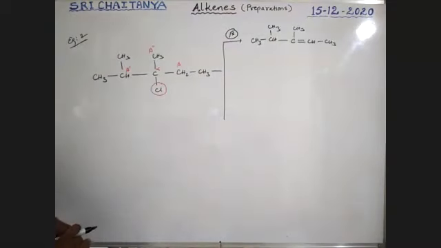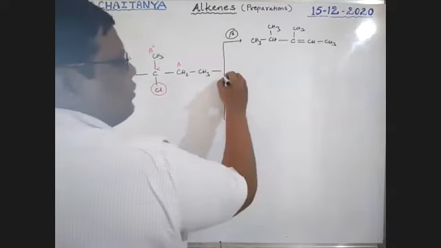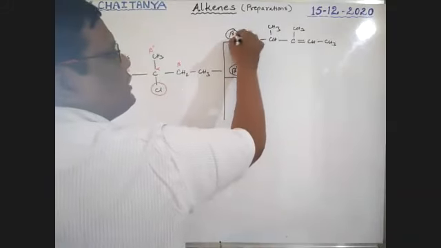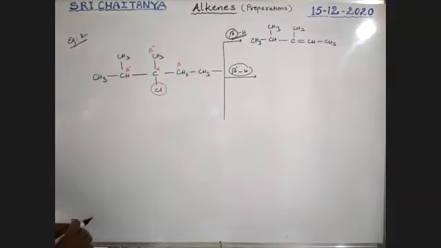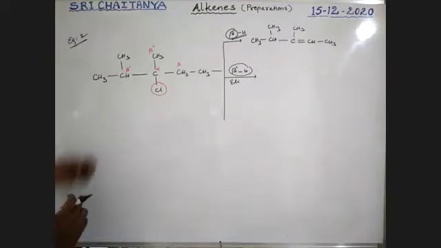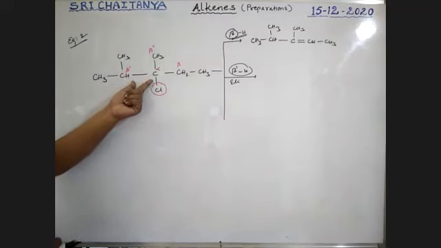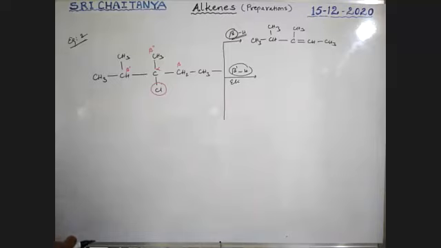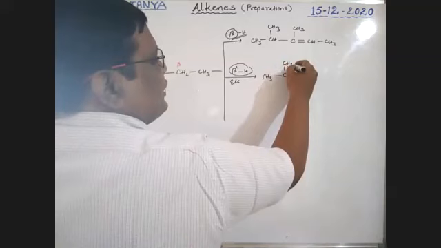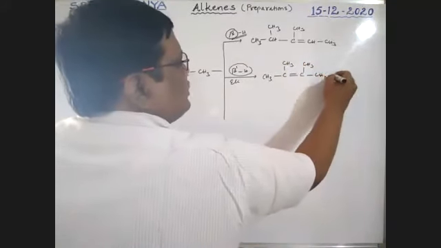For example, if beta dash hydrogen is eliminated, this hydrogen and this halogen go out and a double bond is formed. Now CH3, C, CH3, double bond C, CH3, CH2, CH3 is the product.